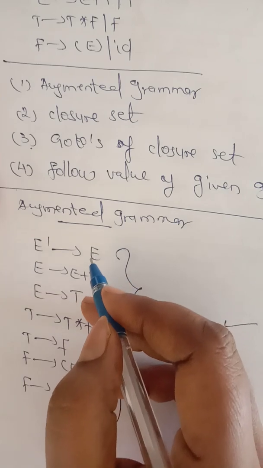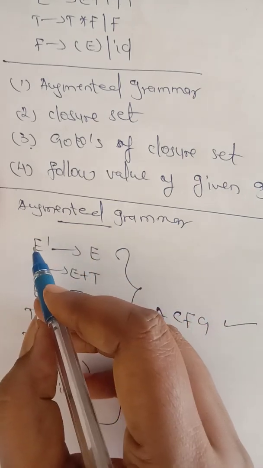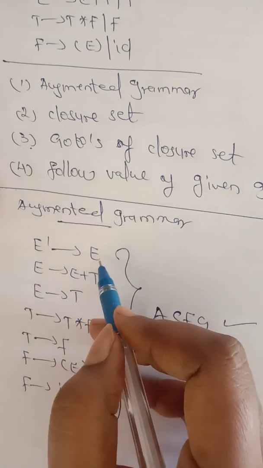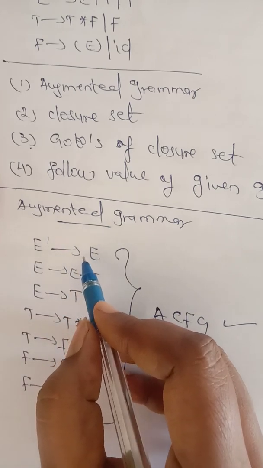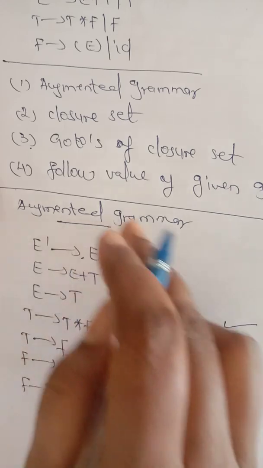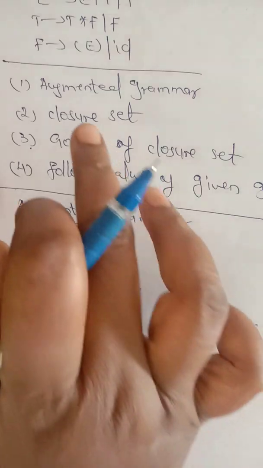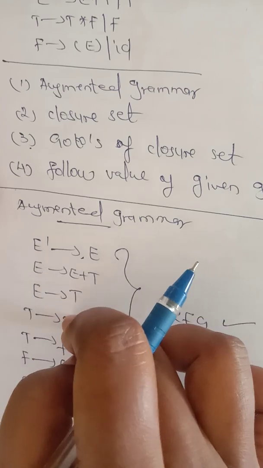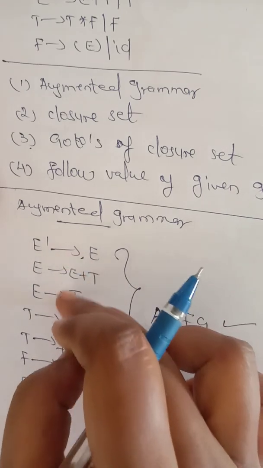If you have E dash goes to E, then it becomes E dash goes to dot E. In each and every production the first thing should be dot.